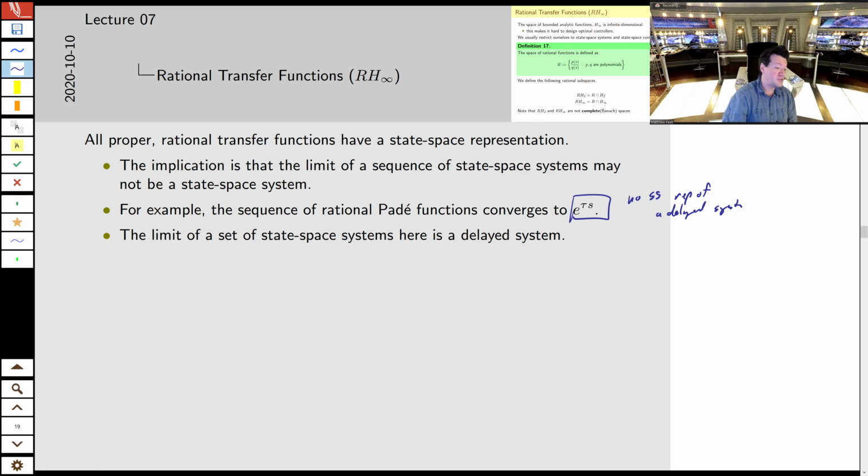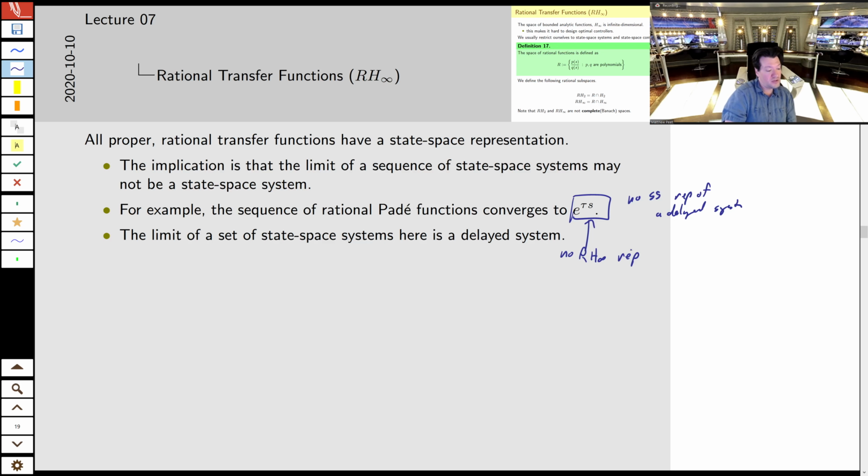And likewise, there's no rational H infinity representation of that complex exponential. So we're getting rid of the delay type systems or any basically infinite dimensional systems.